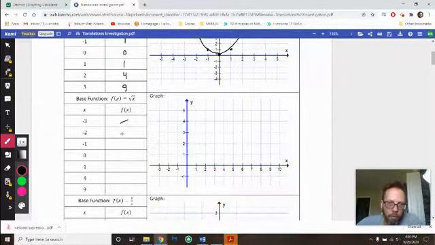So -3, -2, -1 are outside of the domain of this function. But the square root of 0 is 0. The square root of 1 is 1. The root of 4 is 2. And the root of 9 is 3. I intentionally picked special x values to give me nice whole number points. So these are the 4 base points that we'll use when we're sketching the square root function.